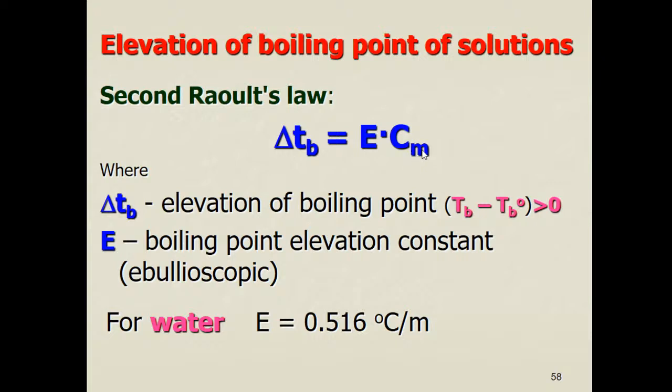Molality, I want to remind you, is a way of expressing concentration equal to the number of moles of solute over the mass of solvent in kg. It's mole per kg.